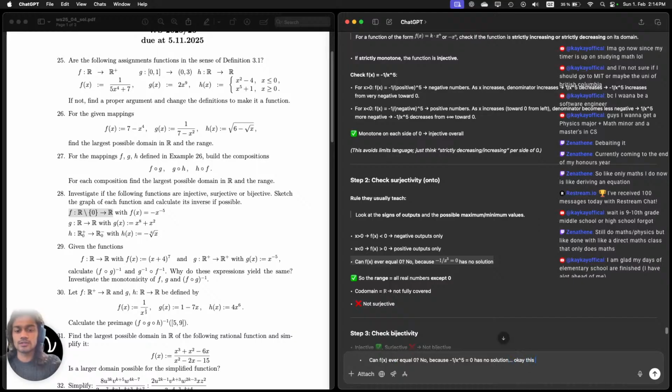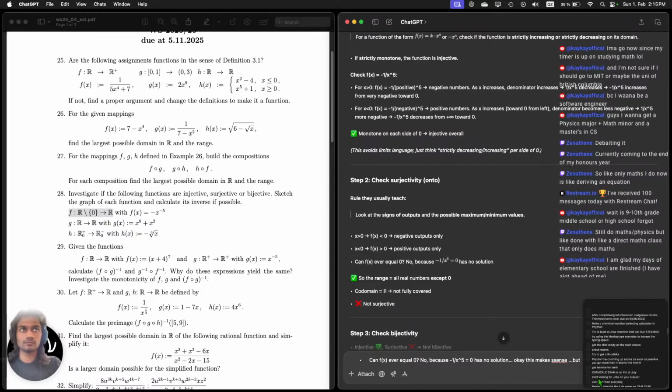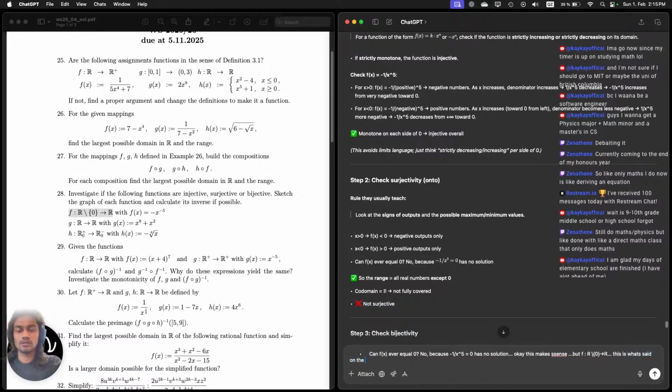Okay, this makes sense. But this is what's domain. So thus here also 0 is not considered. So does that make a difference?